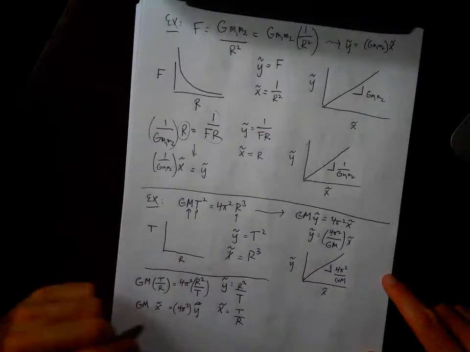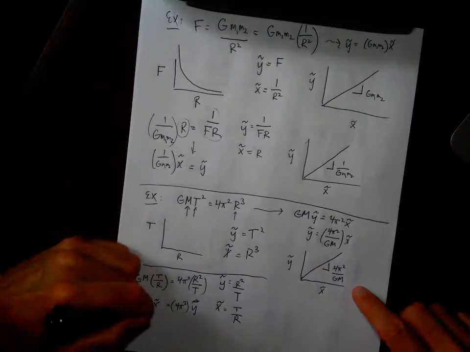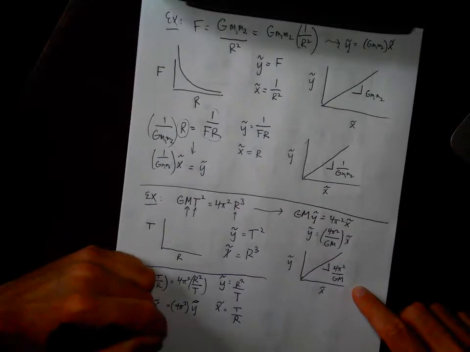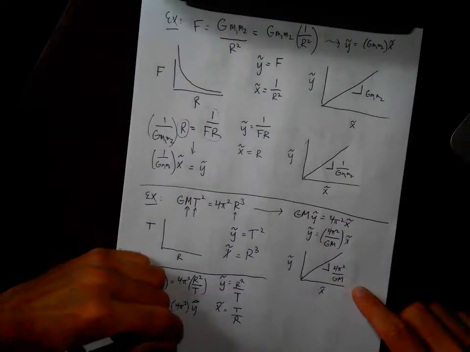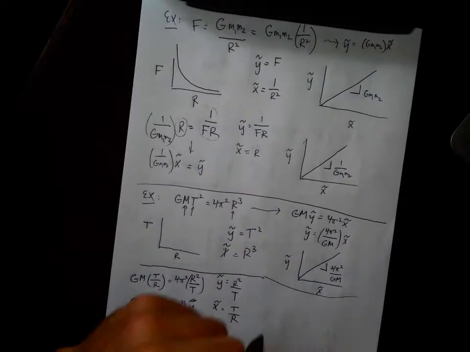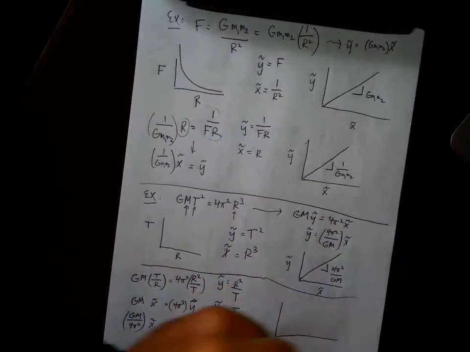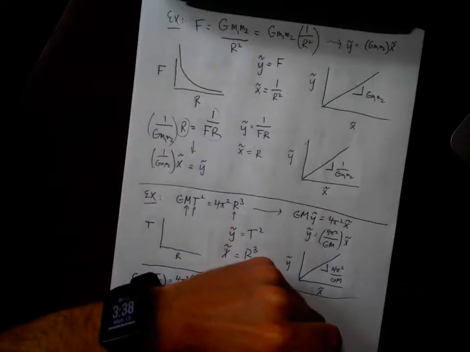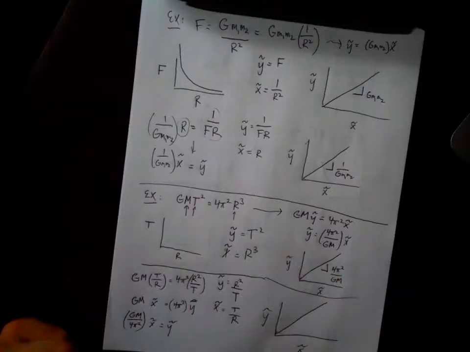And then I could divide both sides by 4 pi squared. I get G M over 4 pi squared times x squiggle equals y squiggle. So once again, I have made a straight line, y squiggle, x squiggle. The slope of the straight line is the thing that multiplies x squiggle. It's G M over 4 pi squared.